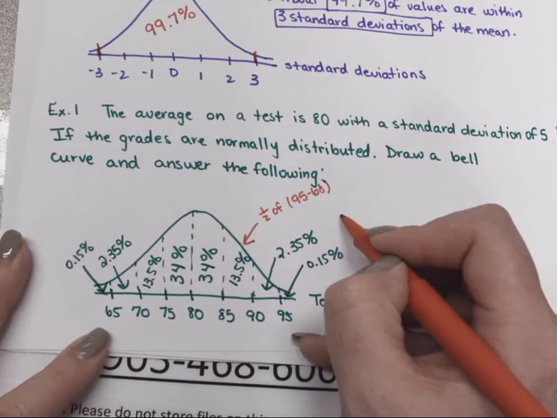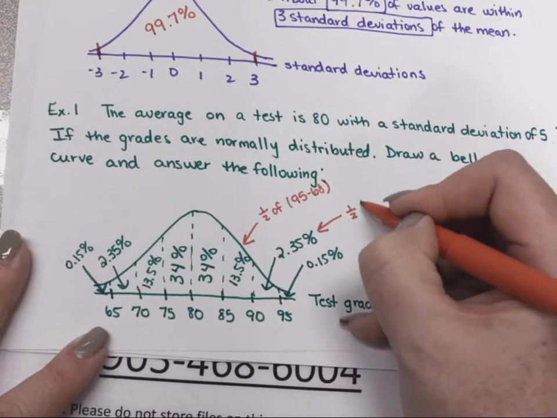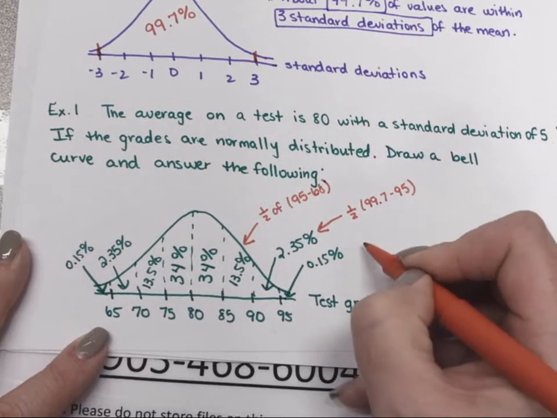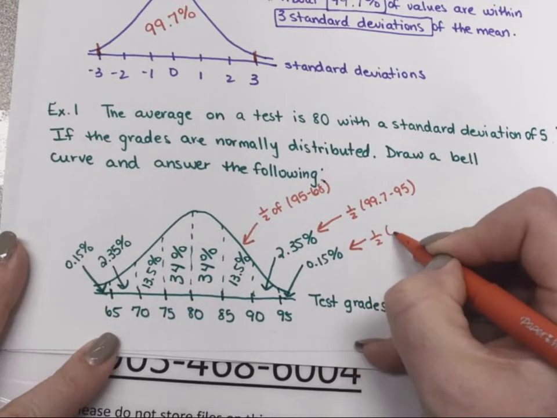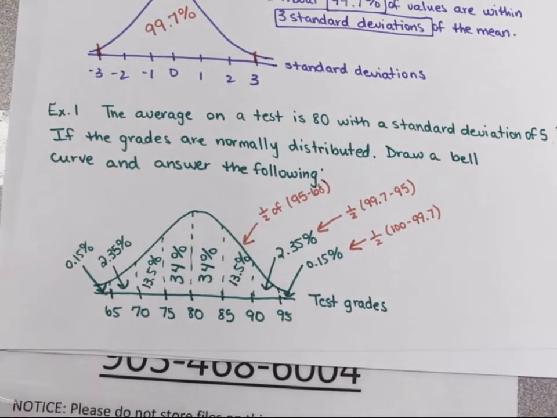To get this, we did 1/2 of 99.7 minus 95. And then how did we get this one? We did 1/2 of 100 minus 99.7.